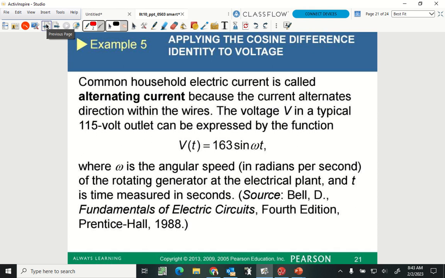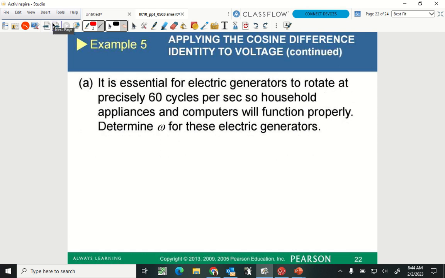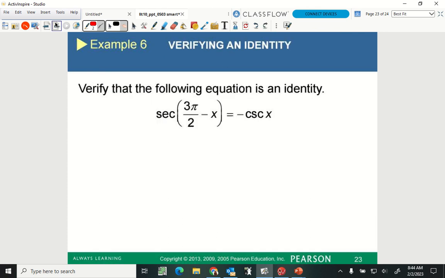A word problem. 163 times sine of w times t. They give you a w, and they're going to give you a t. It's determined for electrical. It's ridiculous. So it just plugs into a formula. That's all you have to do.